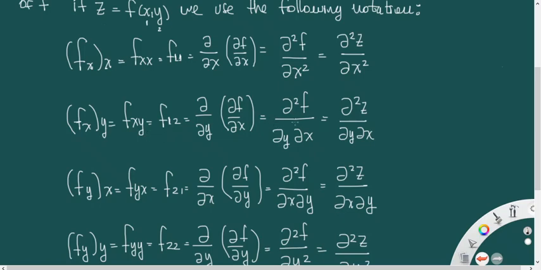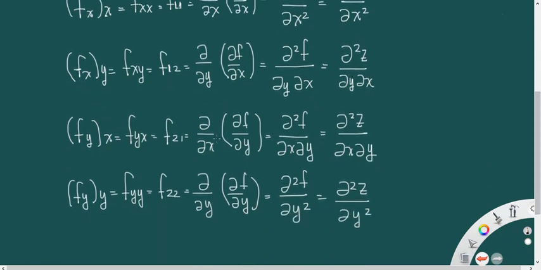Another way to express this is del squared f over del y dx, and this is the same as this one. The first step is the last one written, to the right. So first we take the derivative with respect to x, and then we differentiate the result with respect to y. Another notation is del squared z over del y del x.